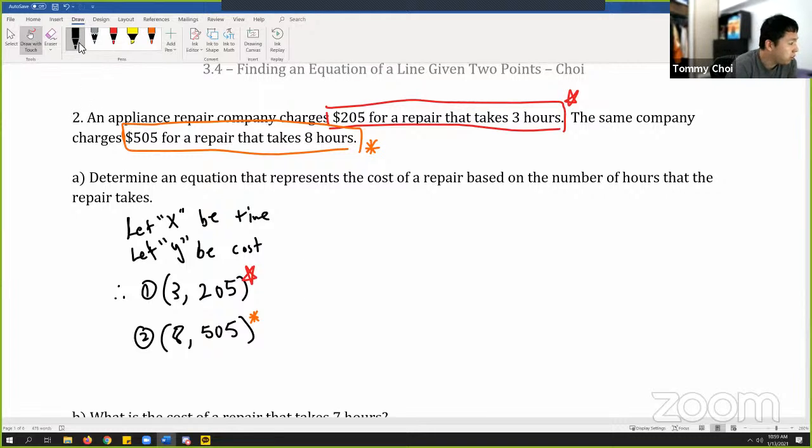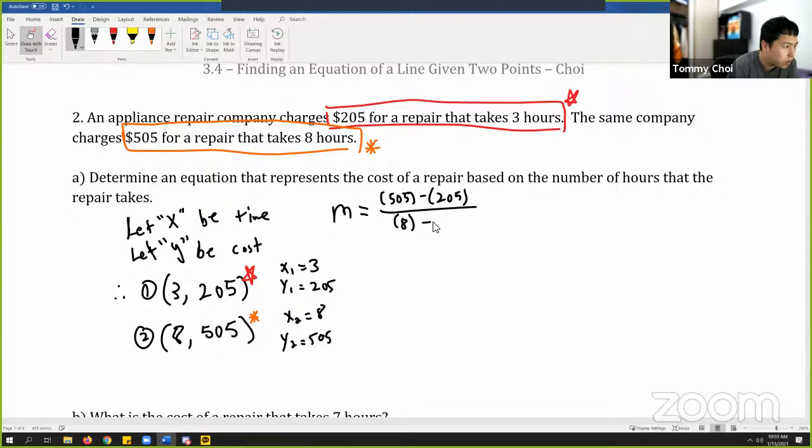Then to create my equation, I have to solve for the slope. Let's list out x1, y1. So x1 is 3, y1 is 205, x2 is 8, y2 is 505. Plugging it in, we get this.